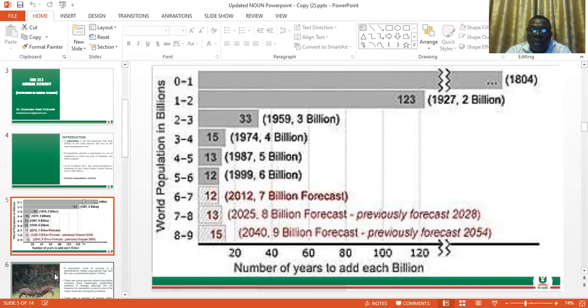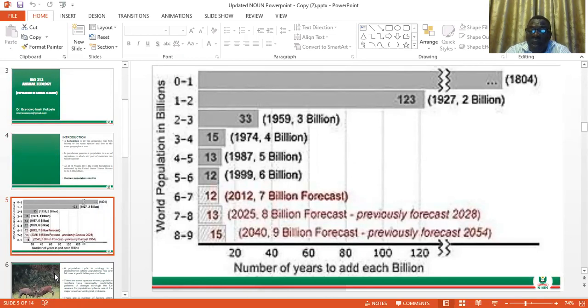From 1927 to 1953 it increased to 3 billion. 1959 to 1974 was about 4 billion. 1974 to 1987 is about 5 billion. 1987 to 1999 is about 6 billion. 1999 to 2012, it's about 7 billion.